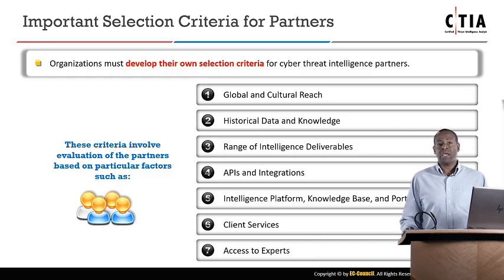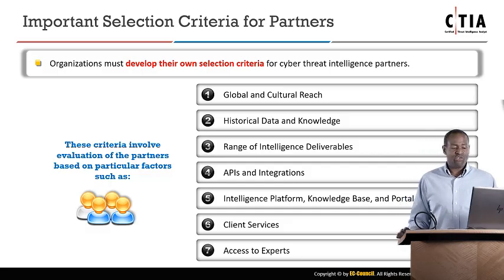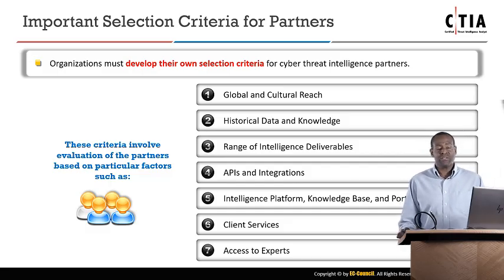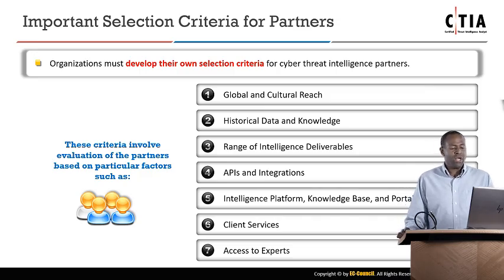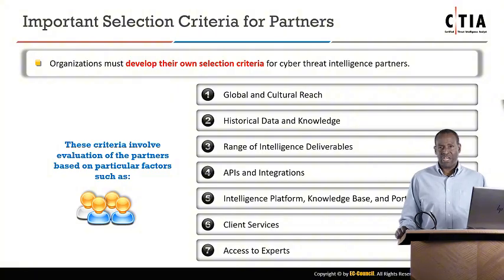So are you going to choose a threat intelligence information sharing partner? What are some criteria to look at? You're going to need to develop your own selection criteria, but here are some that you can start with when looking for a threat intelligence information sharing partner. Number one, global and cultural reach.